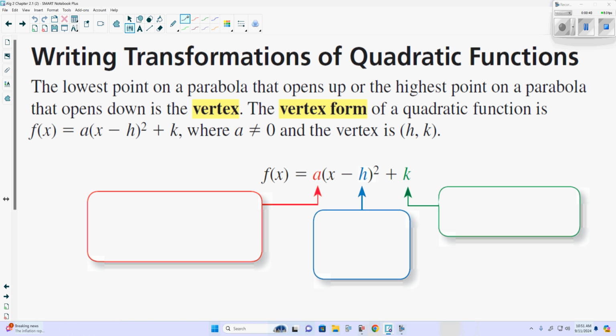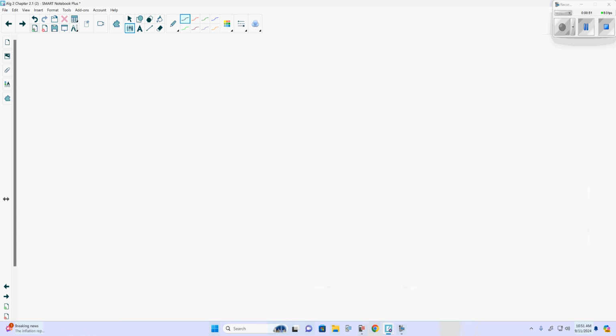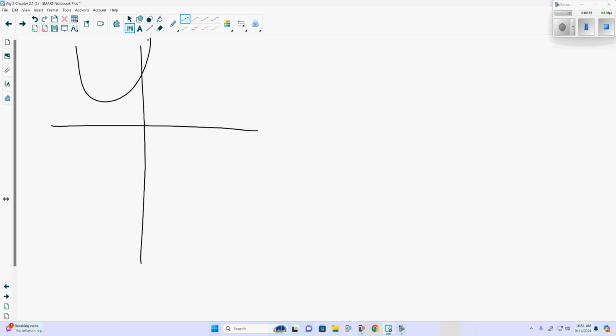Now, when writing transformation of a quadratic, the lowest point of a parabola that opens up, or the highest point on a parabola when it opens down, is the vertex. So if we graph a parabola that opens up, the lowest point here is called the vertex.